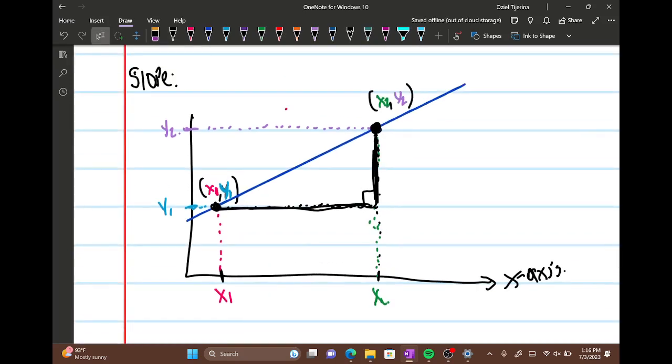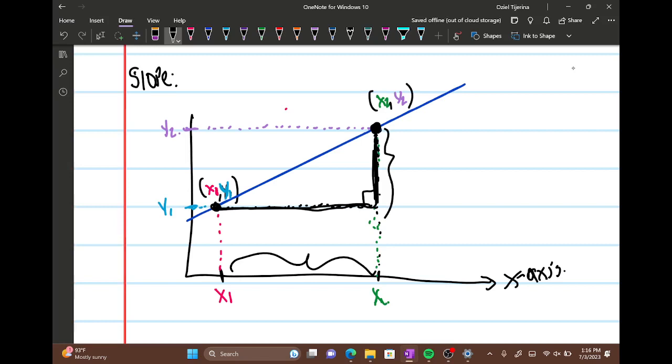And so the definition of slope means that if we have these 2 points, it is really the fraction, or the division, between the distance of y over the distance of x. So in other words, the change in y over change in x.